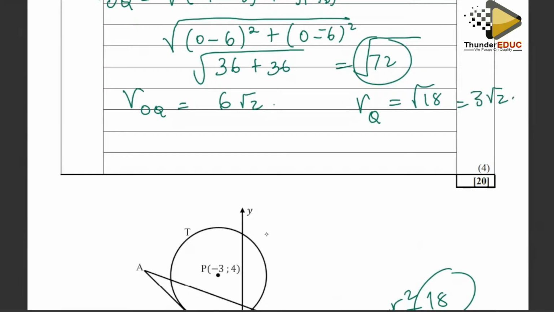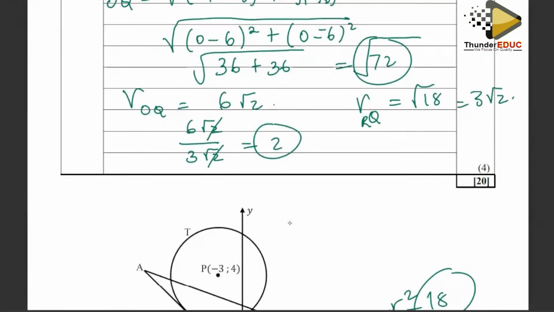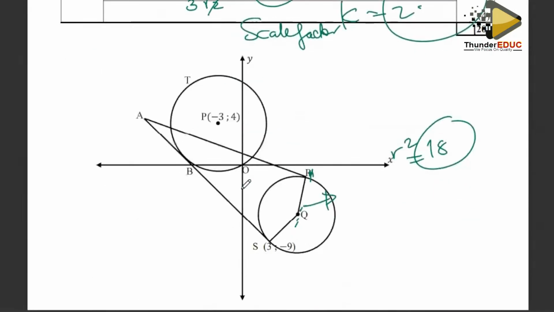Okay, then let me try to divide these two. So 6 square root of 2 divided by 3 square root of 2. This cancels that, and then that is 2, meaning that the scale factor K is 2. You must increase it by 2 times, and then we shall get what is desired.